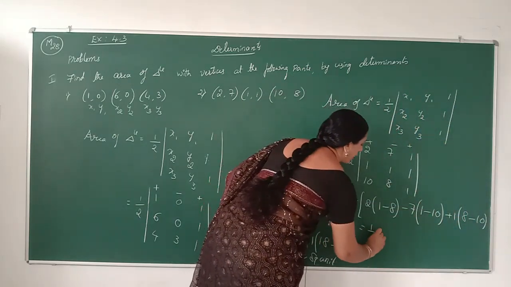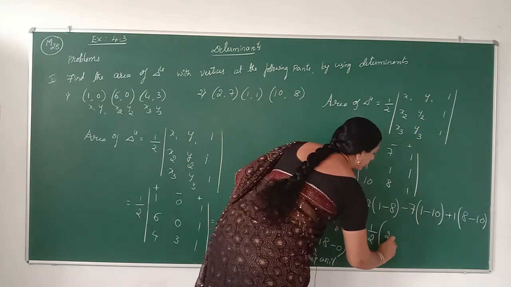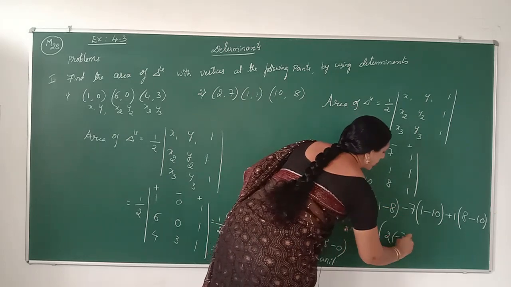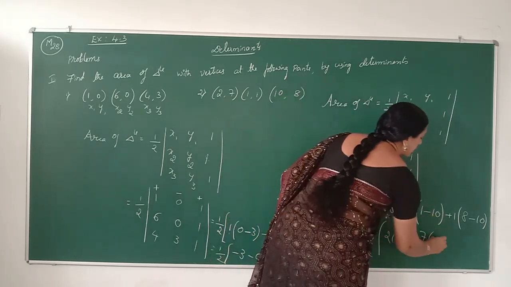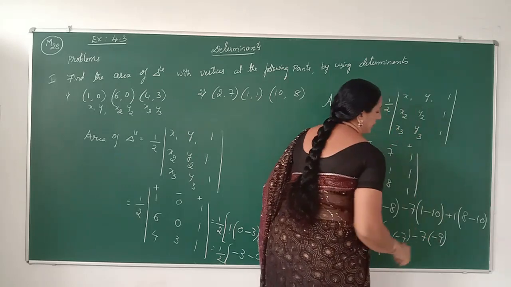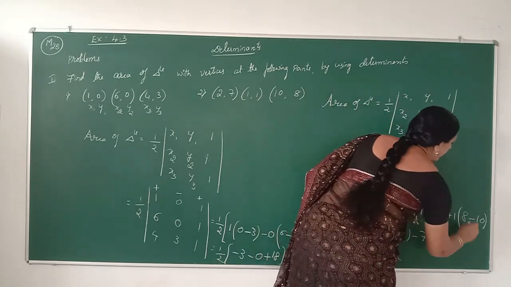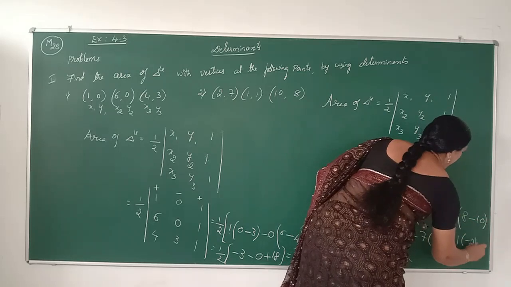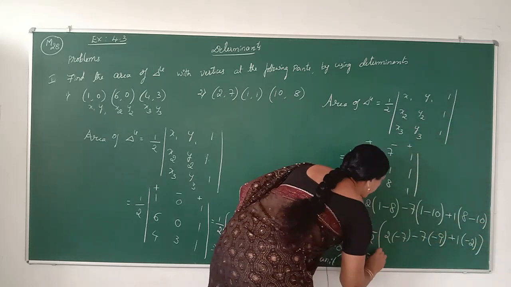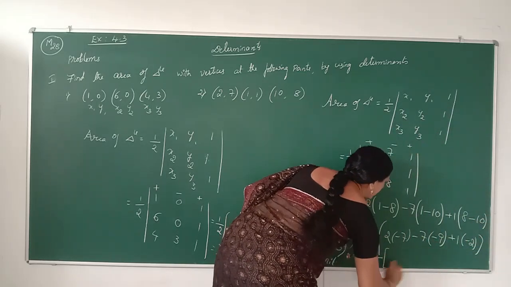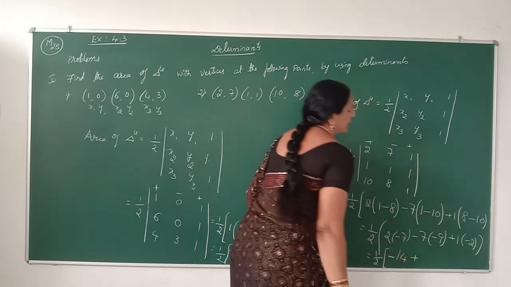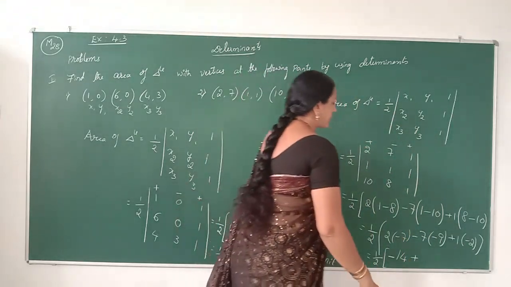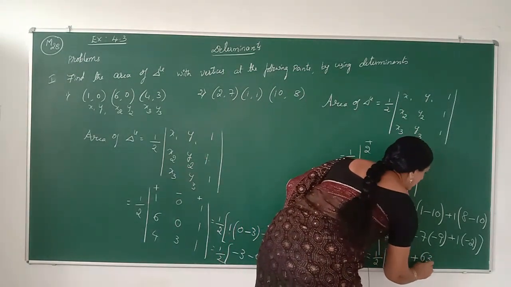So that is half of 2 into (1 minus 8 is minus 7), minus 7 into (1 minus 10 is minus 9), plus 1 into (8 minus 10 is minus 2). Therefore, half of 2 into minus 7 is minus 14. Minus into minus is plus, 7 into 9 is 63.